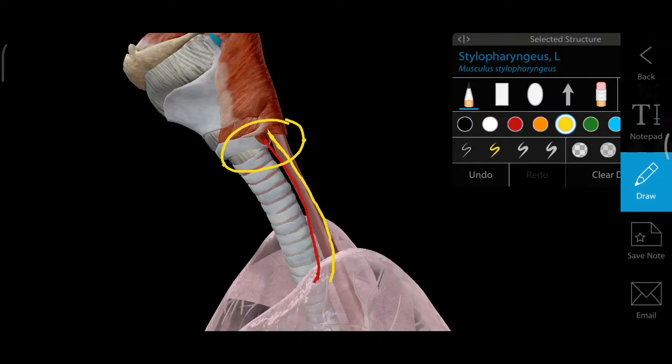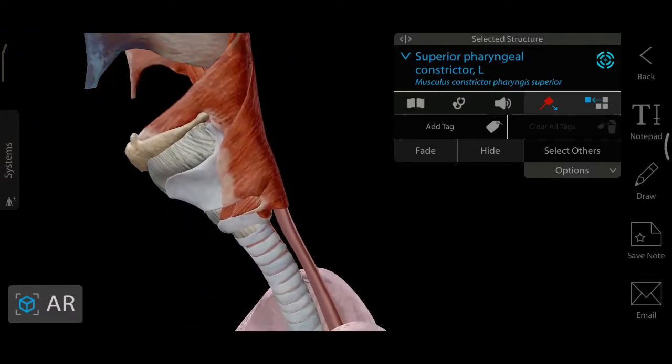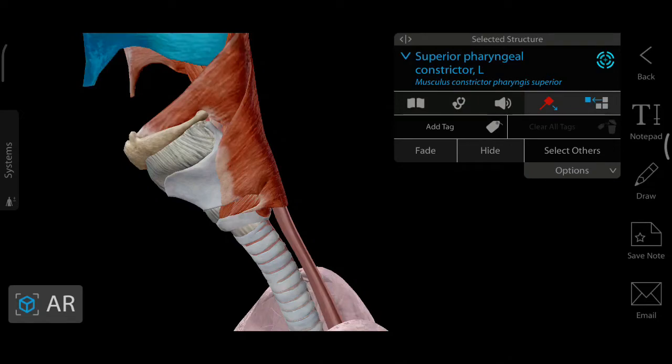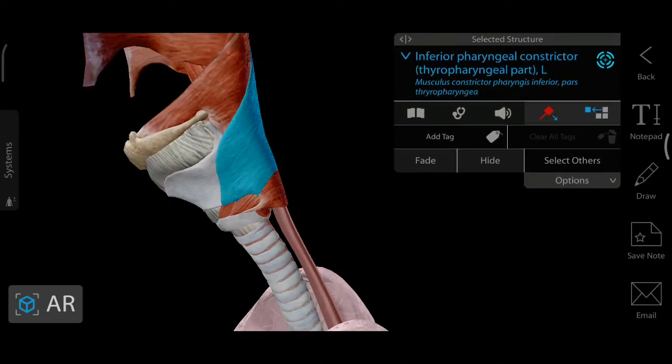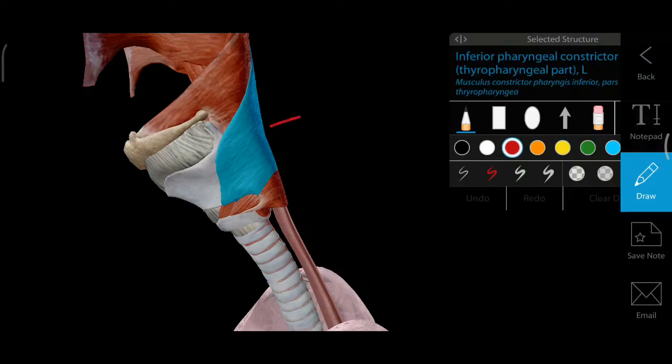So guys, nerve supply is quite important. All the pharyngeal constrictors are supplied by the pharyngeal branch of the vagus nerve, except the inferior constrictor. Okay, and if you go more precise, the inferior constrictor has two parts: the thyropharyngeal part and the cricopharyngeal part.